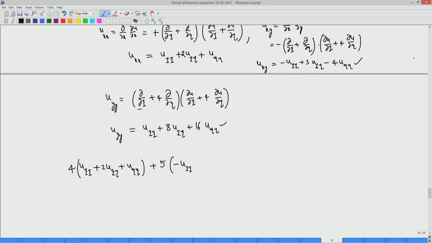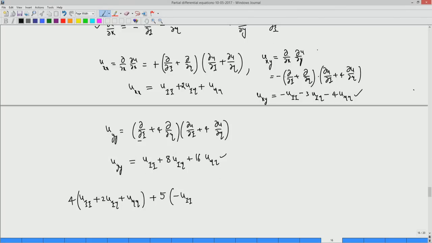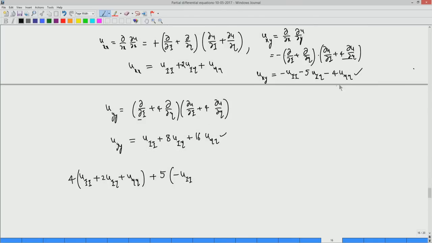So this is plus and this is everywhere minus. So the mixed derivative, I have a minus and you have u xi and this is also 4, that is going to be actually 5 minus 5. 4 u xi eta if you apply to this here, and if you apply eta here, you get 1, so total 5. So that is the correct one. Now this is all with minus.